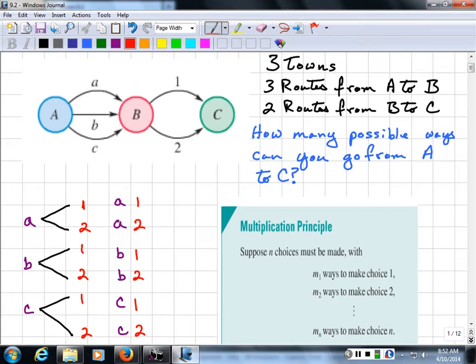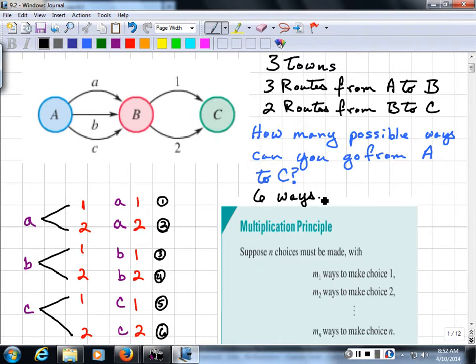So how many possible ways can I get there? There's 6. One way, the second way, this is the third way, this is the fourth way, this is the fifth way, and this is the sixth way. So there are 6 ways to go.